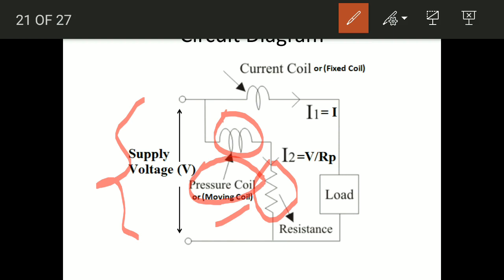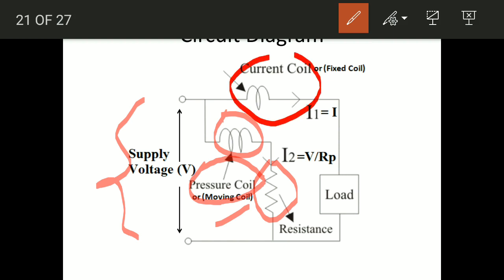Moving coil has a very limited value of current. That means it has a very small ampacity. It will carry at the max 300 milliampere of current. So in order to pass a huge value of current through it, definitely we need to make some arrangement so that we can limit the value of current to a lower threshold value.